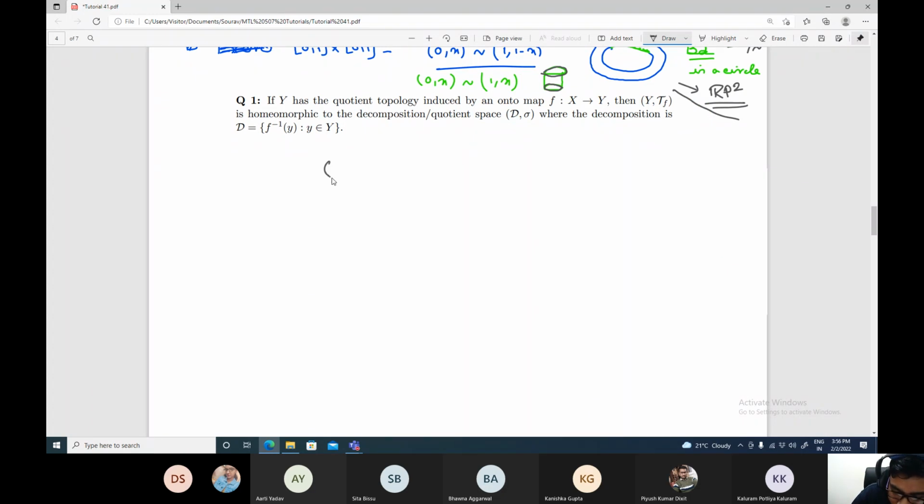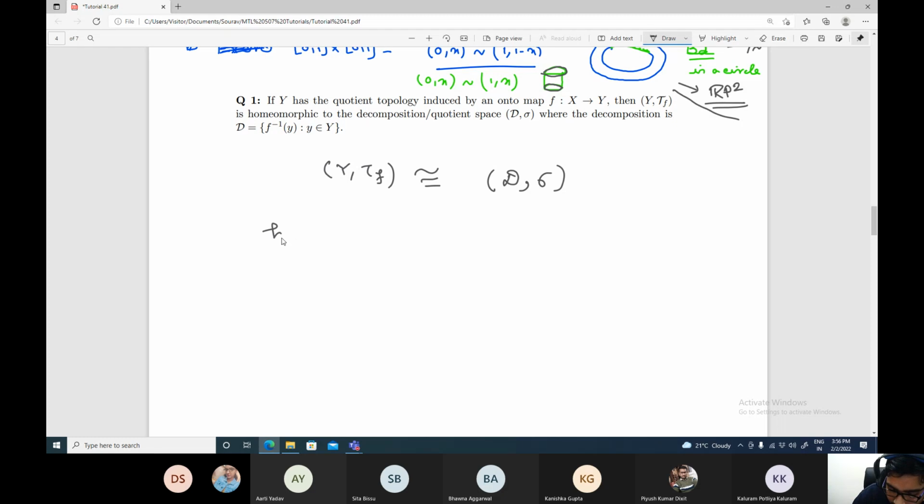So we have two spaces: one is (Y, tau_f), and another one is the script D with sigma. And we are trying to give a homeomorphism here.